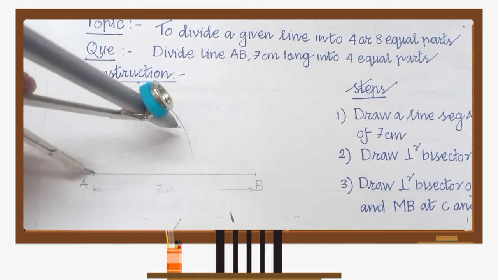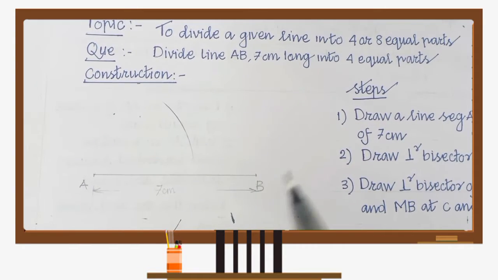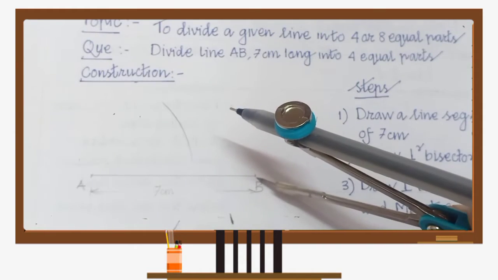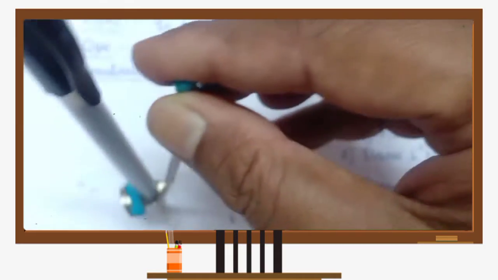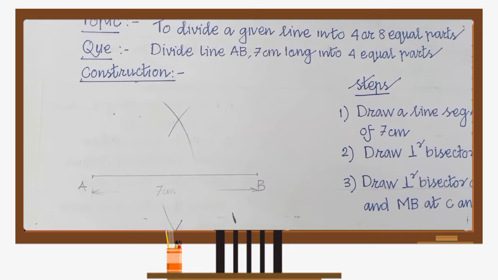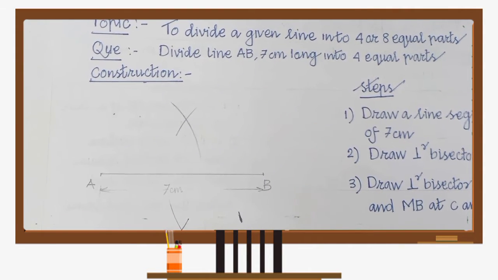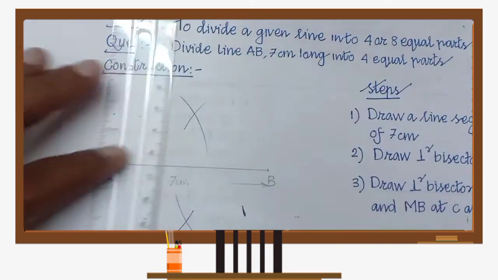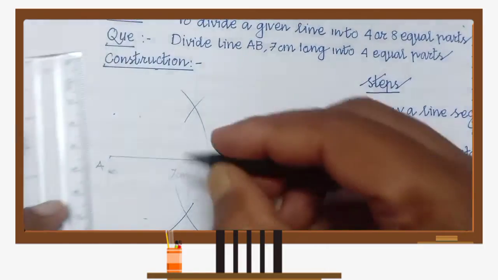This one, upper side and lower side, without changing it, हमको उसको चेंज नहीं करना है. Now you draw here in this way. So, draw, join this. You have to join this.